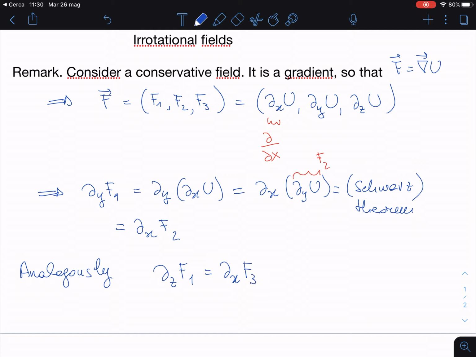There is always an exchange of variables. Here we have the two variables z and x, because f1 is the x component of f. And here again you have z, because f3 is the z component, dx. So you have to exchange them.